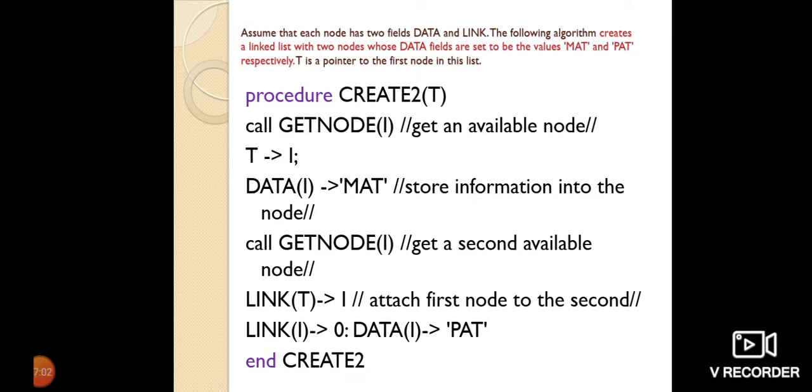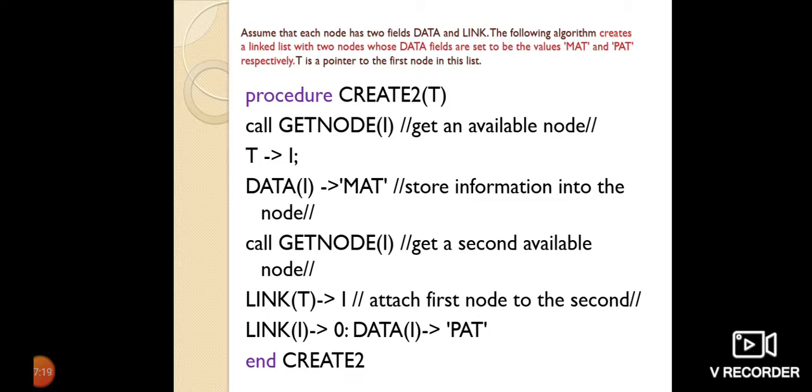Mat is actually some value you're going to store. I is actually the address pointer that depicts the node. In that you'll be having two parts. One is data, the other one is link. In the data part of I, you're going to write mat.